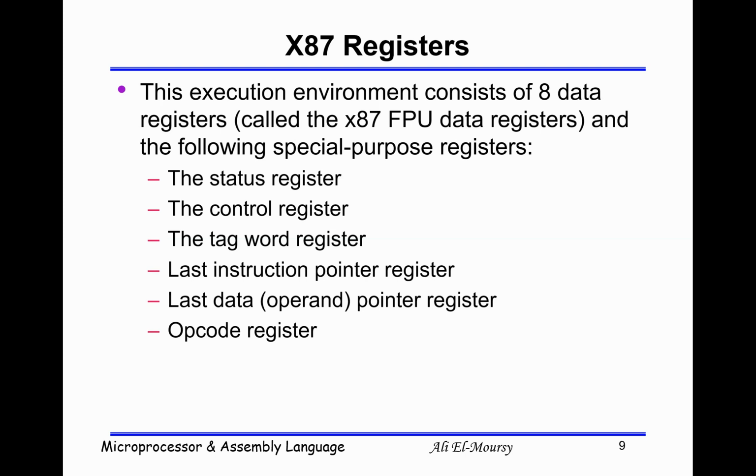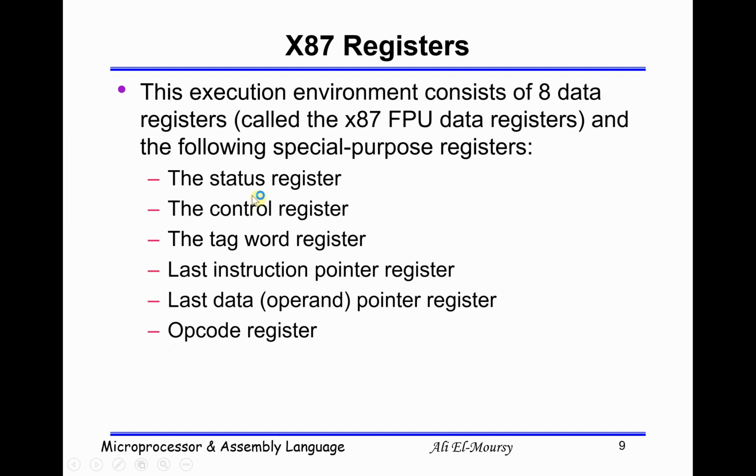Through the registers you can understand what's going on and how to deal with this machine. So we can identify a set of very critical registers in the machine here. We have the status register, the control register, the tag word register, last instruction pointer, last data pointer, and the opcode register. Let us explain each of those registers quickly.